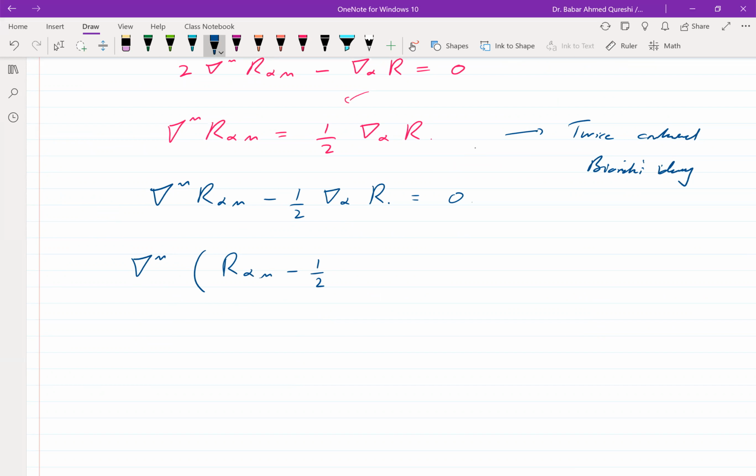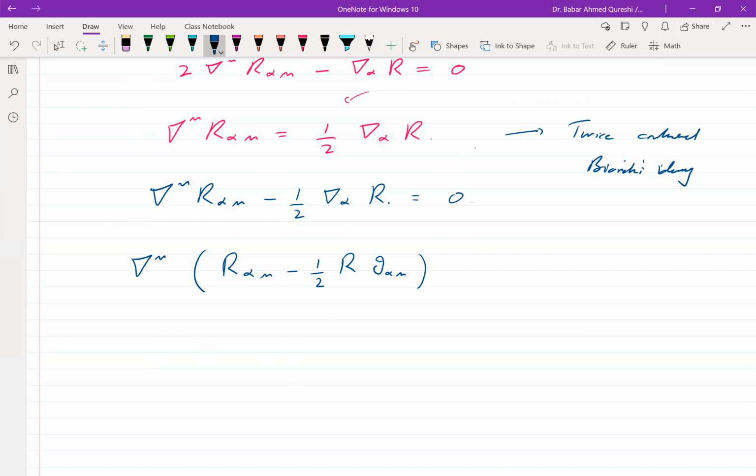Half, or g alpha mu. So this will hit this, and this will hit this d mu and make it alpha.